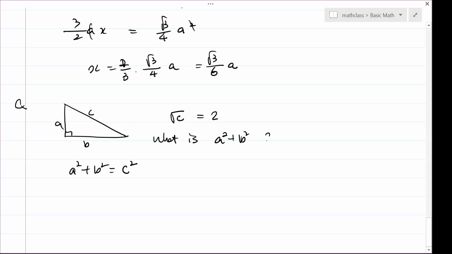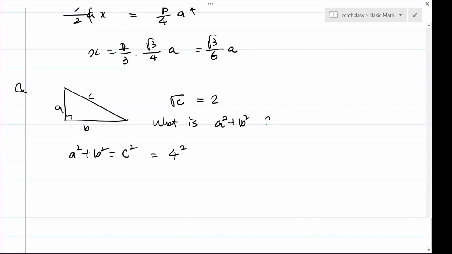And since the square root of c is 2, c is going to be 4. 4 squared is going to be 16. That's it. So just don't be confused about the conditions.